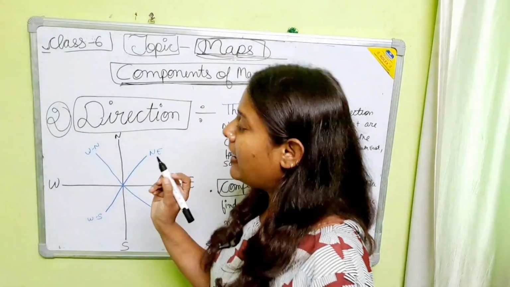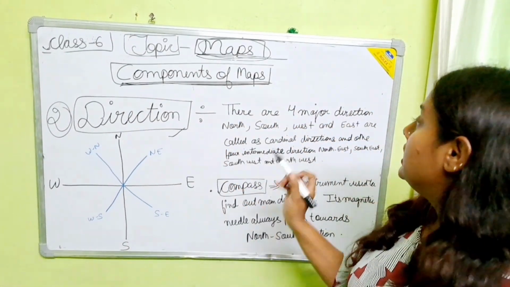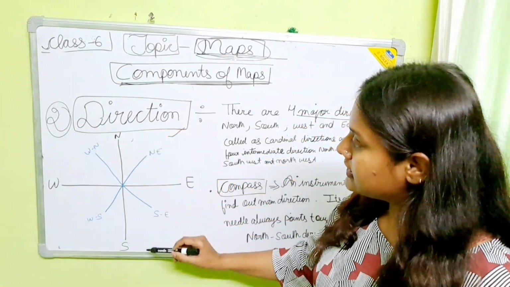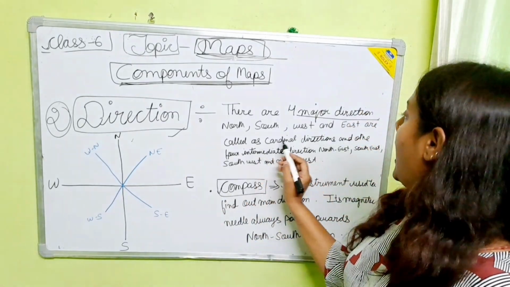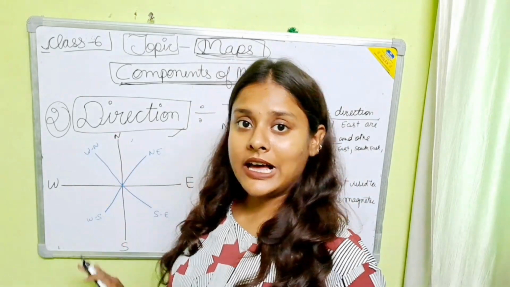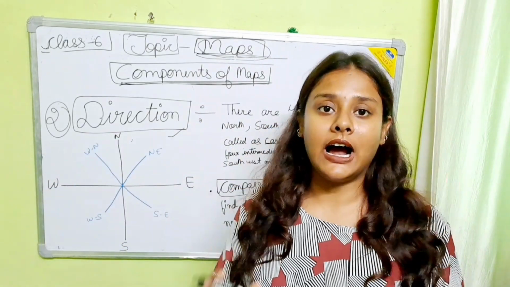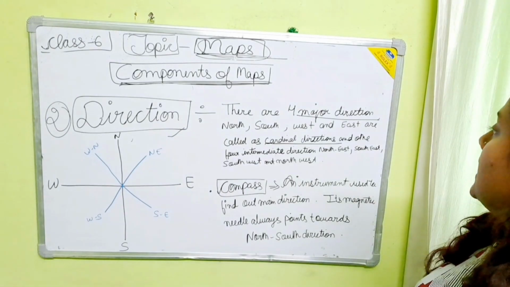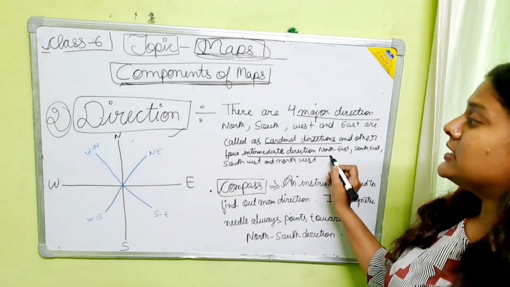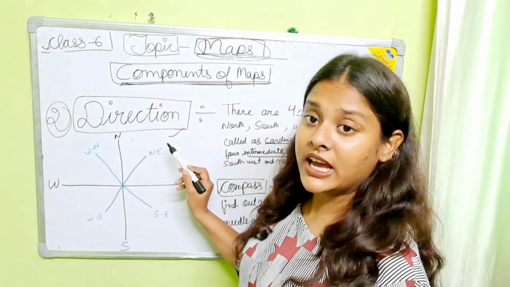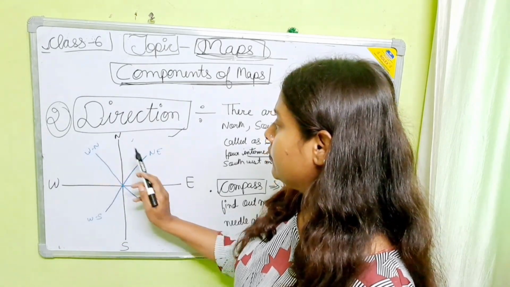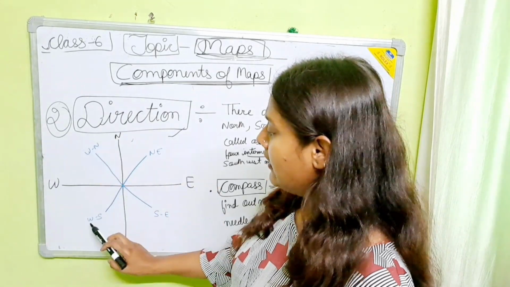Second component of map, direction. There are 4 major directions, as all of us know: north, south, west and east, called cardinal directions. And there are 4 other intermediate directions, which I represent in blue. Now these are northwest, northeast, southeast, southwest.